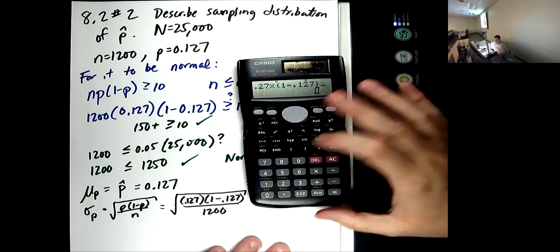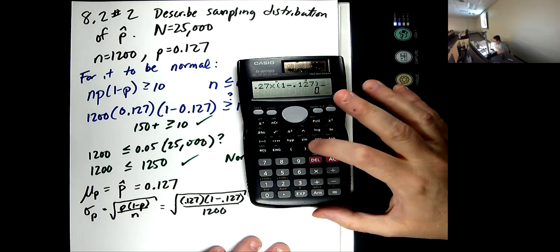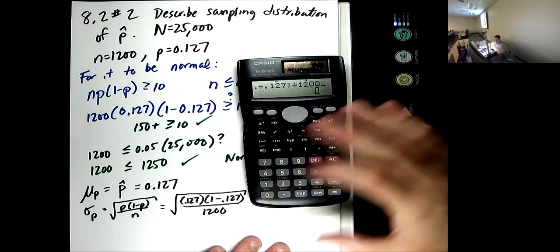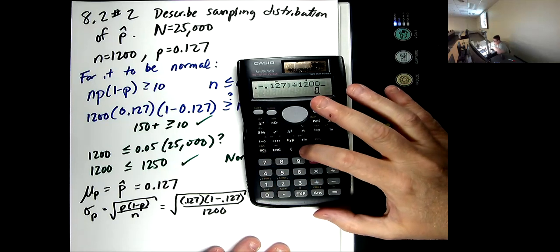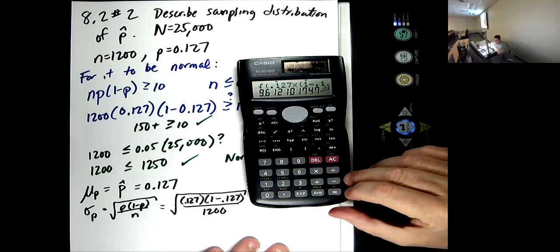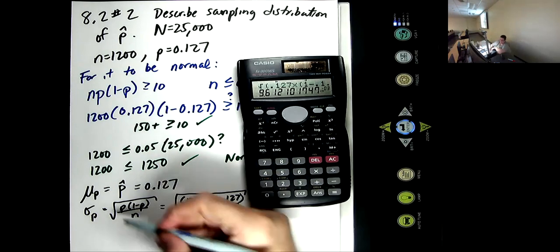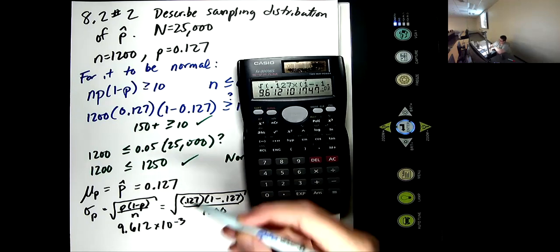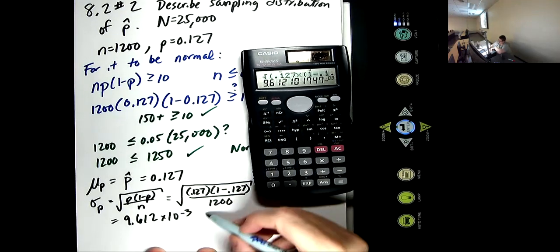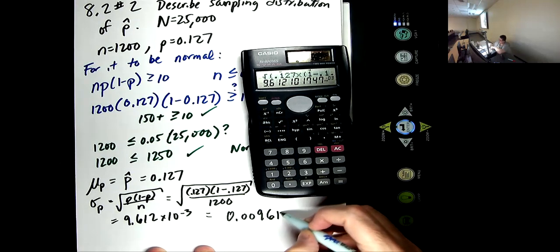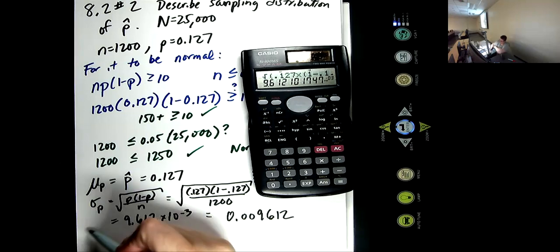We end our first parentheses, and we divide by 1,200, and we end our second parentheses. And it says 9.612 times 10 to the negative 3, which is, we move the decimal left 3 times. That's our standard deviation.